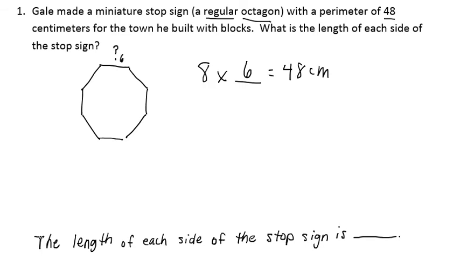So each side of my octagon is 6 centimeters. Again, because it's a regular octagon, it means that all 8 sides are the same length. And 8 times 6 is 48. So the length is 6 centimeters.